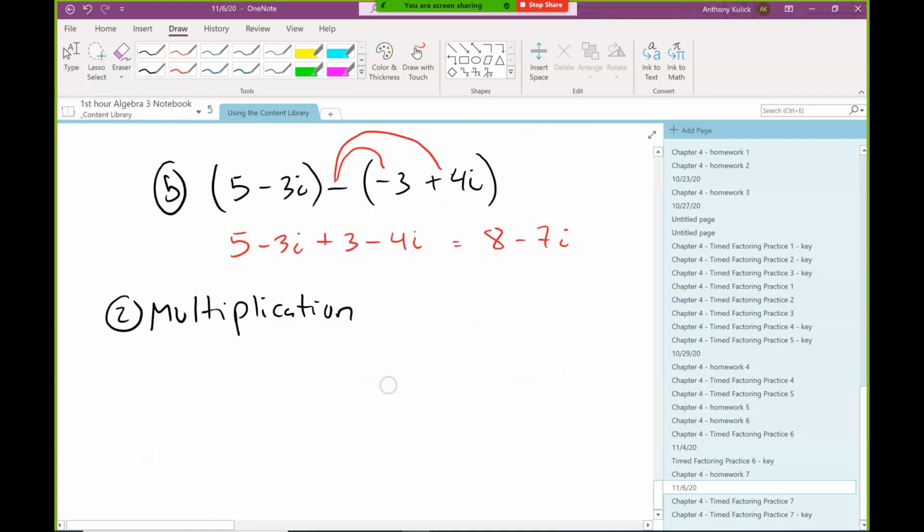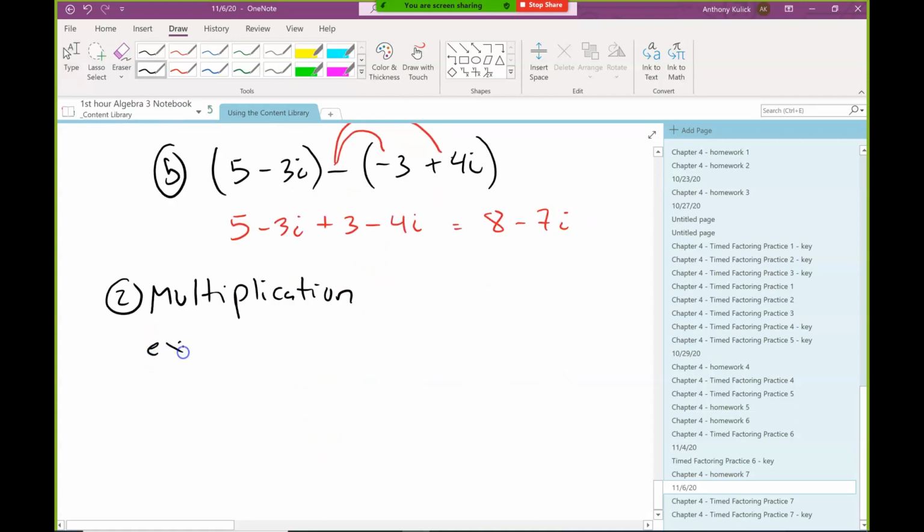So let's look at multiplication. And again, we're just going to do some examples here. So let's say we just have 3 times 5 minus 2i. What does it look like we should do in this situation? Just distribute.